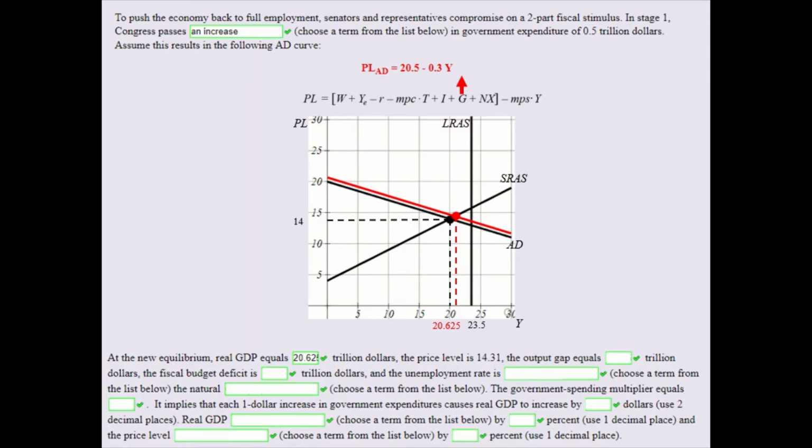So prices are being bid up by government. Government's buying a bunch of products. So prices are being bid up. Okay, so the upward sloping supply curve dampens the effect on GDP.